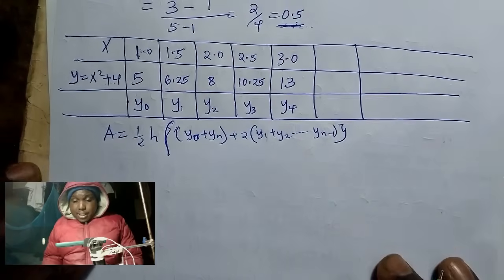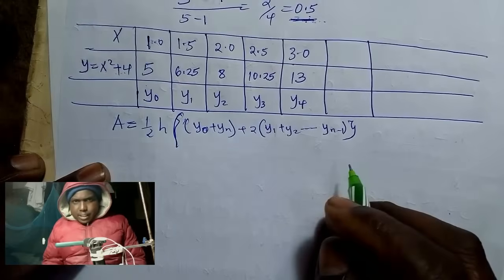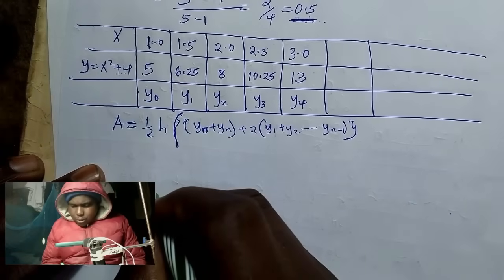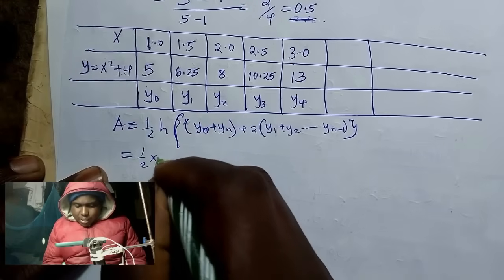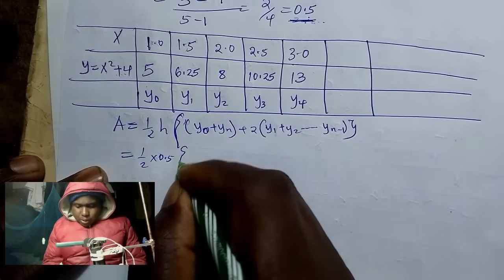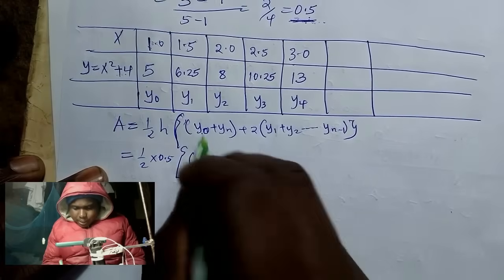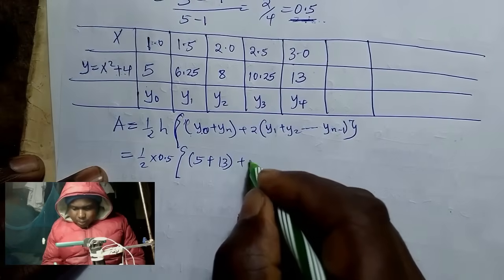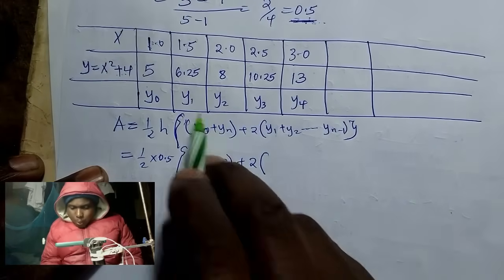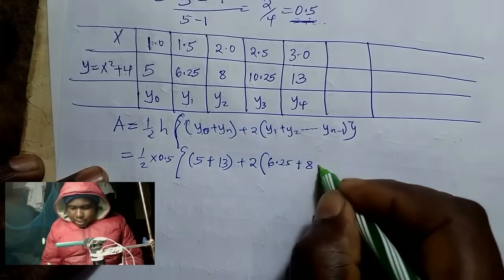If that is the case, what you need to do is to insert the values. This is a half times 0.5. You open the big bracket. Y naught is our 5 here, plus yn is the last one, which is 13. You close the bracket plus 2 into the y1 is 6.25 plus 8 plus 10.25.